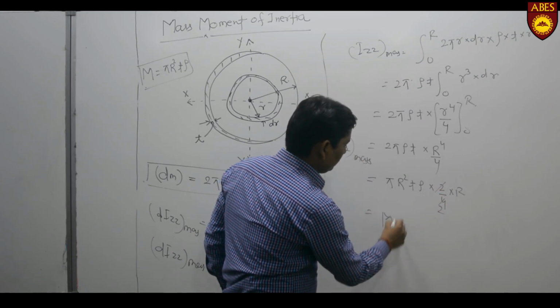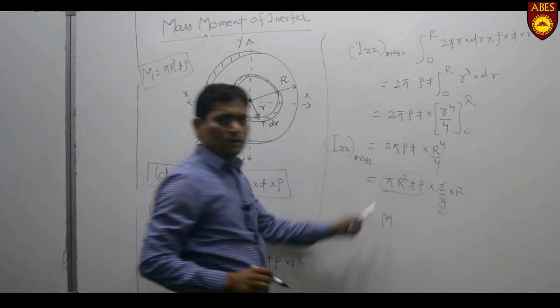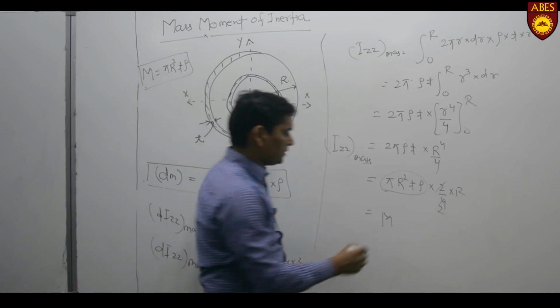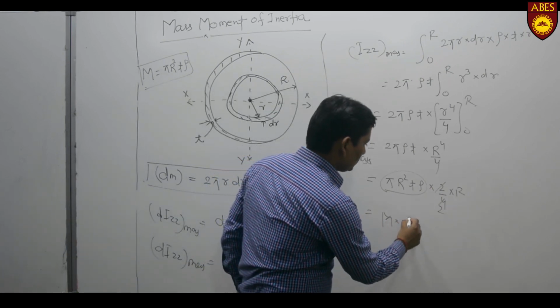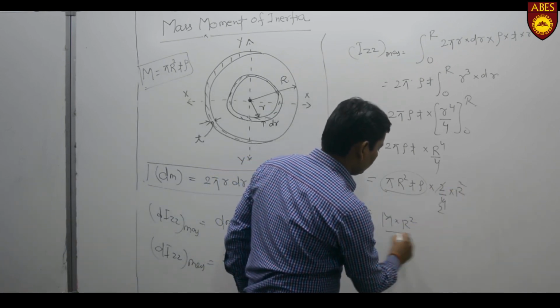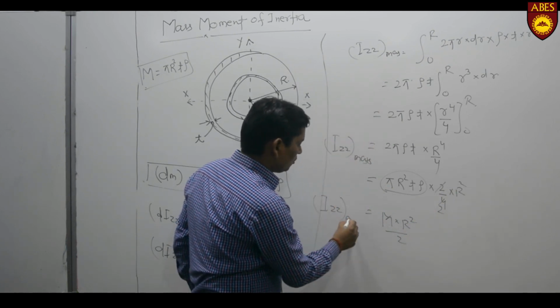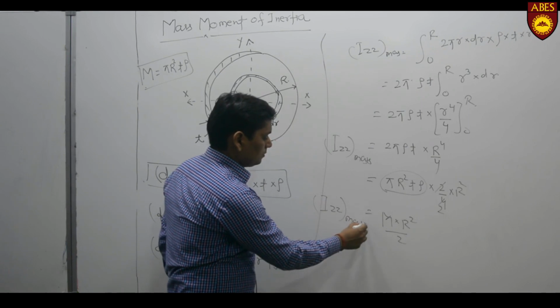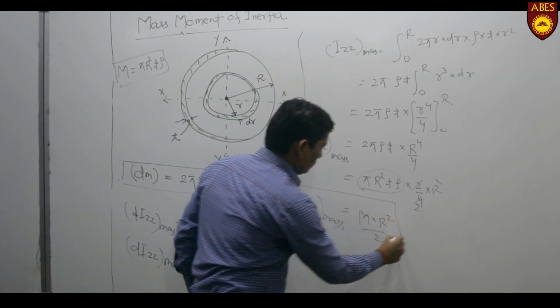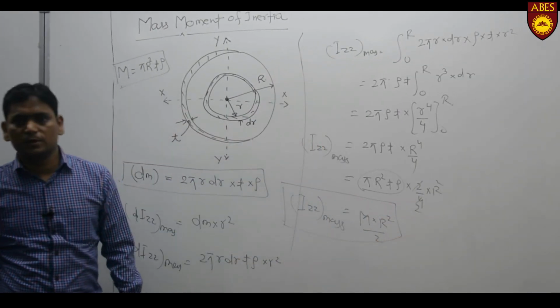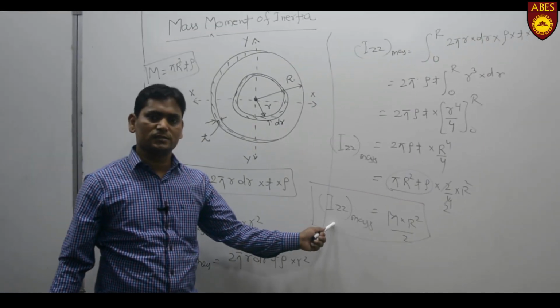Now capital M, the mass of the plate, into R square by 2. This is the mass moment of inertia of the disc about the z axis.